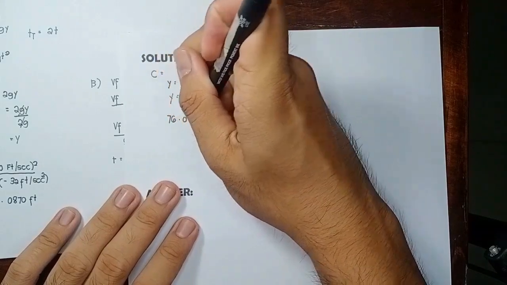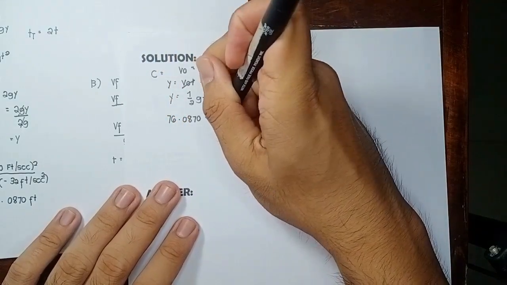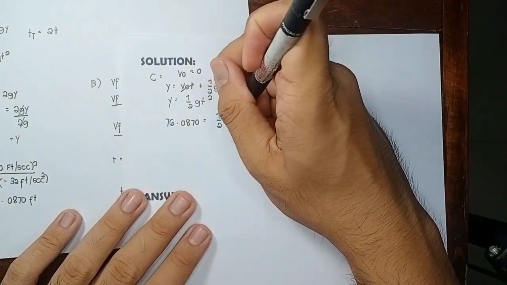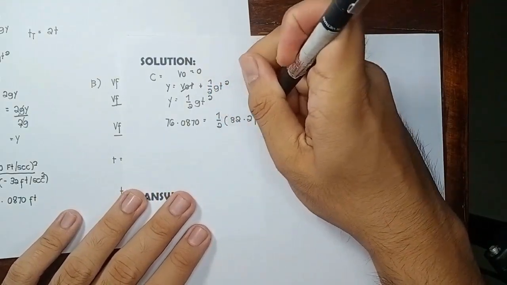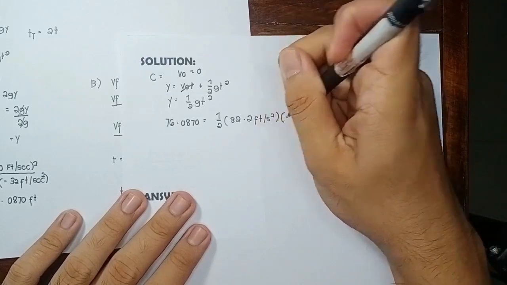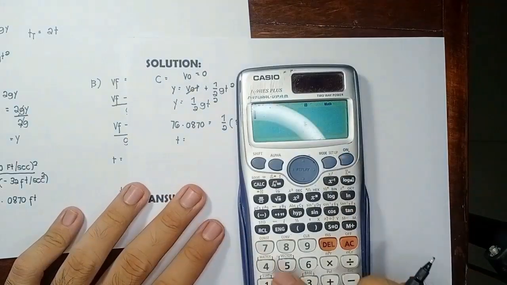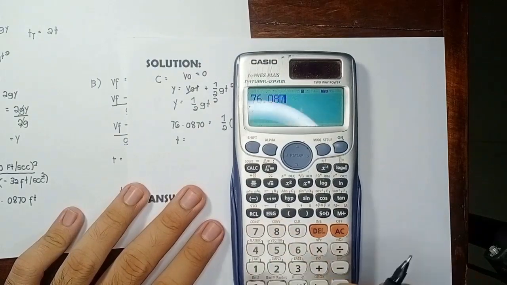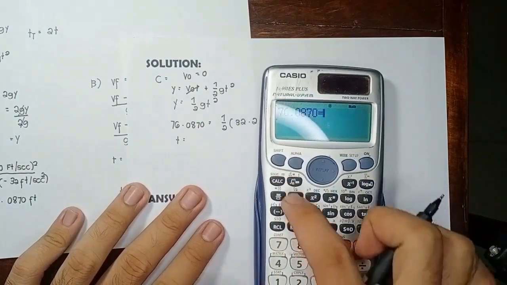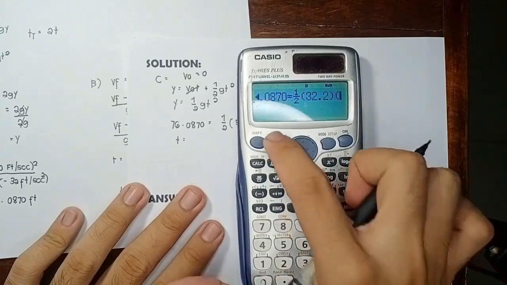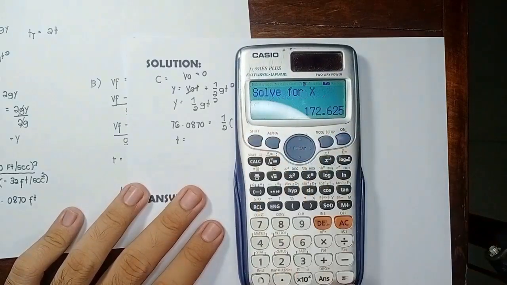Now, let's substitute the values. 76.0870 is equal to 1/2 multiplied by positive 32.2 feet per second squared multiplied by time squared. Now calculate. 76.0870 is equal to 1/2 multiplied by 32.2 multiplied by x squared.